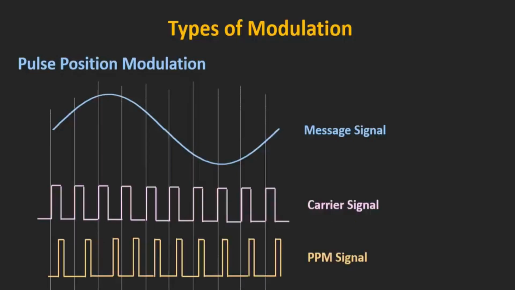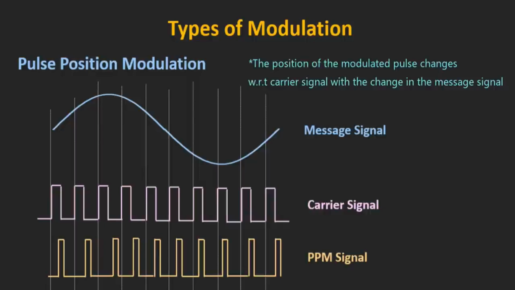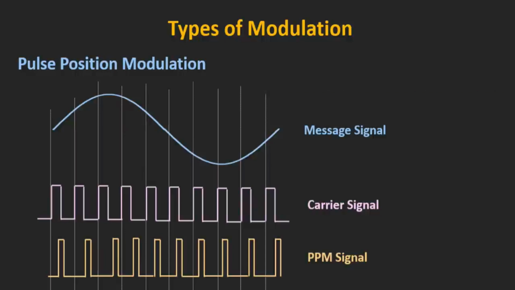Similarly, in pulse position modulation, the width and amplitude of the pulse remain fixed, but the position of the modulated signal changes according to the input signal. At each rising edge, the message signal is sampled, and based on the amplitude of the input signal, the position of the modulated signal changes.